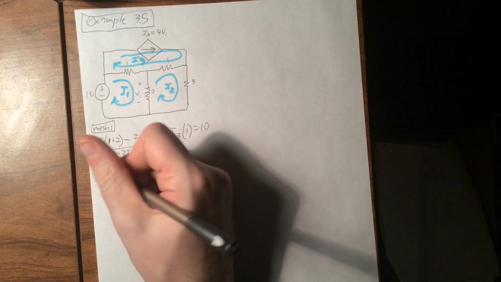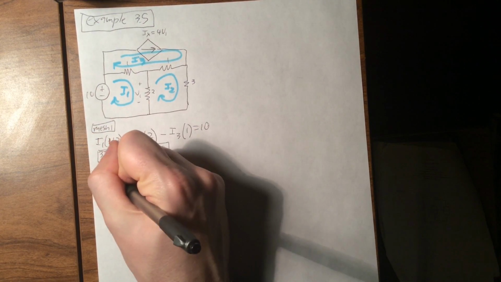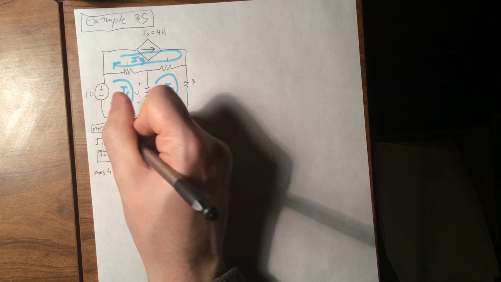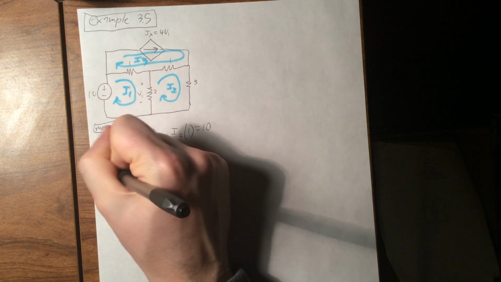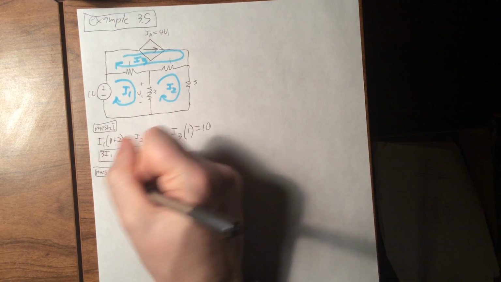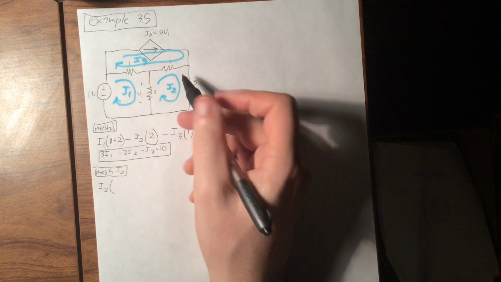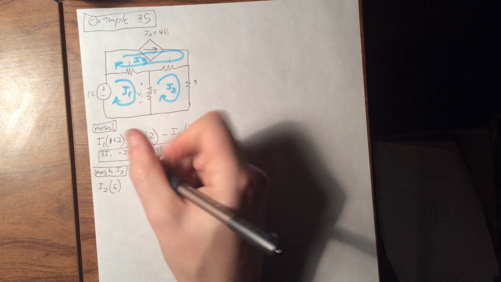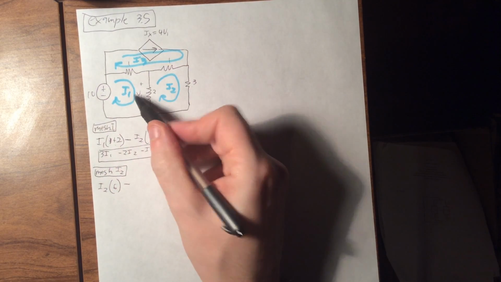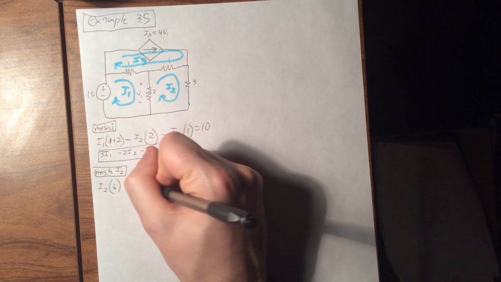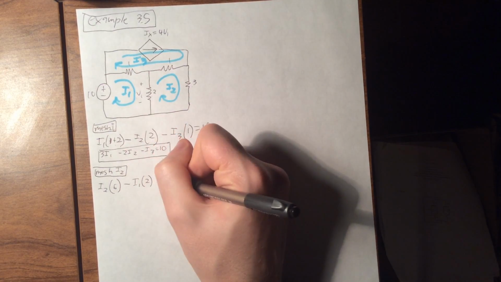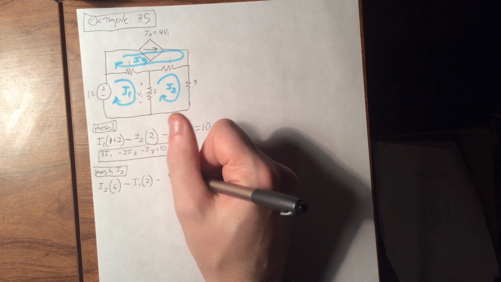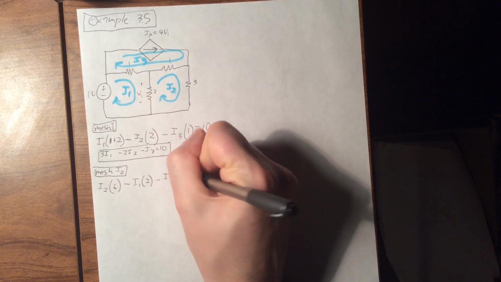Alright, let's do the next one, mesh I2. I2 times 2, 5, 6, minus the one it shares with I1, so I1 times 2, minus the one it shares with I3, I3 times 1.